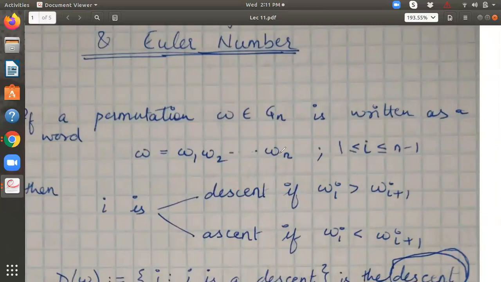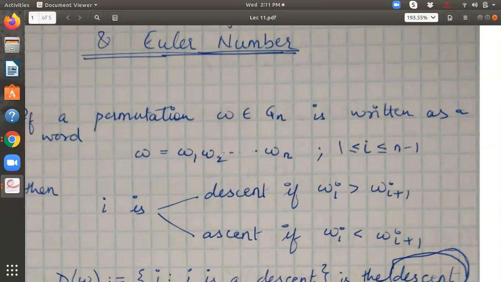Now with this, given a permutation in this format, you can collect all the descents of this permutation, which means you stand at 1 and you compare W1 with W2. Either W1 is going to be bigger than W2 or smaller, right? If W1 is bigger than W2, you say that 1 is a descent of W. Similarly, you come to 2 and compare W2 with W3.